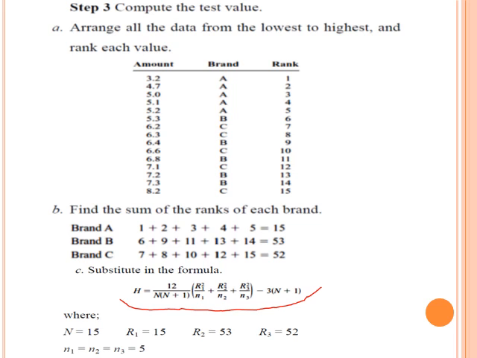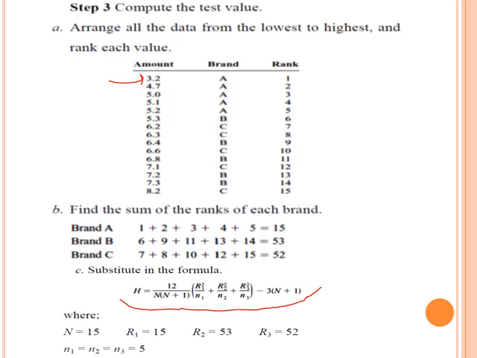Again, go to the table given with brand A, brand B, and brand C. We will arrange all the data from the lowest to the highest.